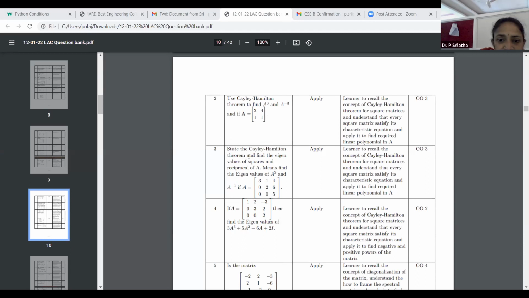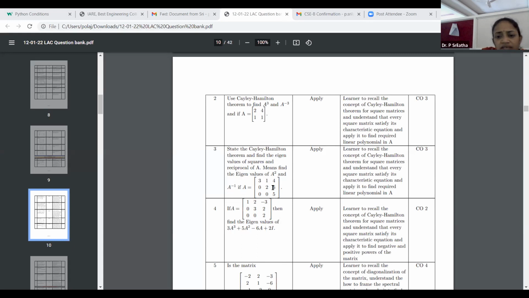The next question is also the same. State the Cayley-Hamilton theorem and find the eigenvalues of the square and the reciprocal of A, which means find the eigenvalues of A square and A inverse.